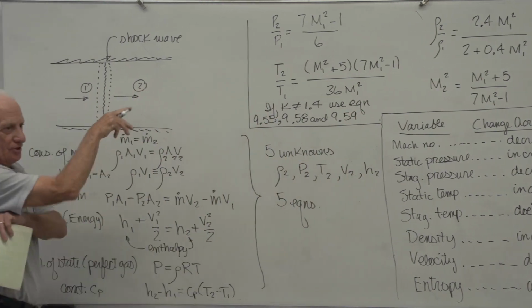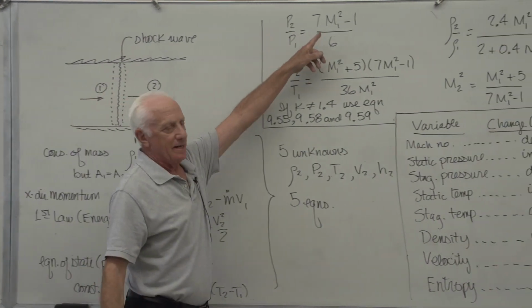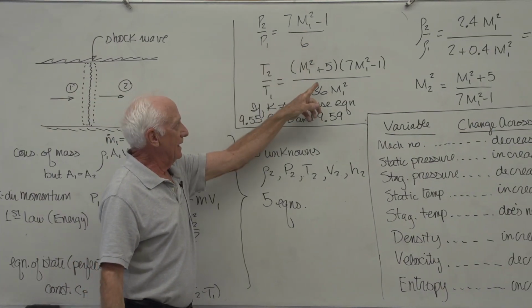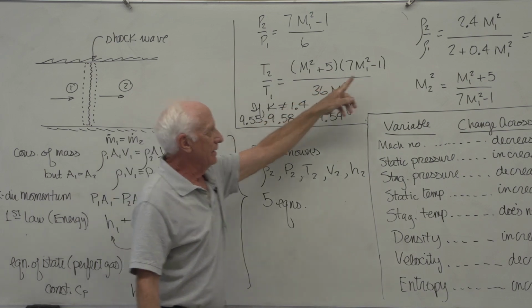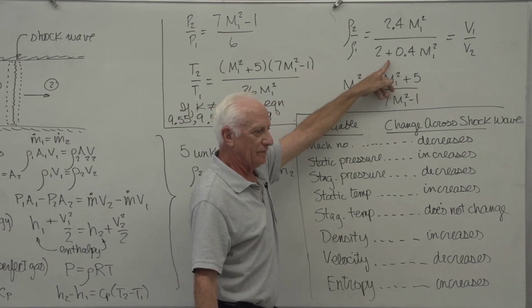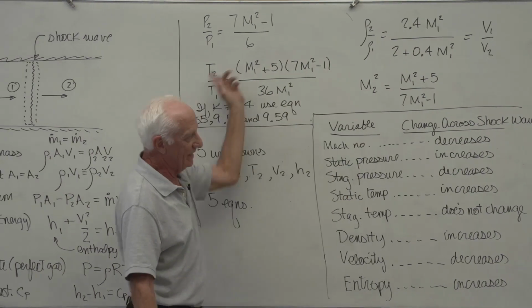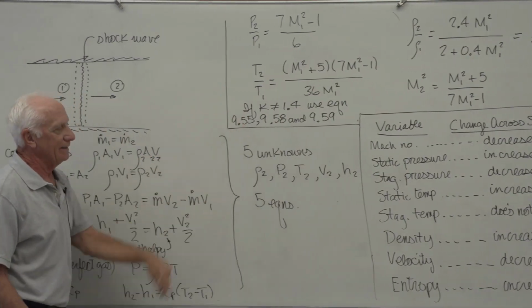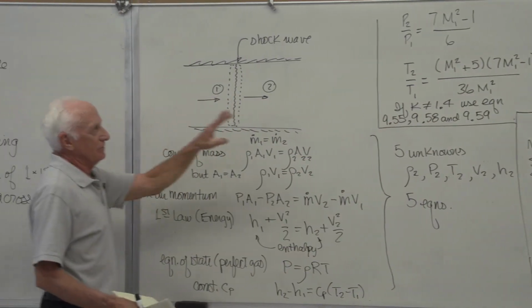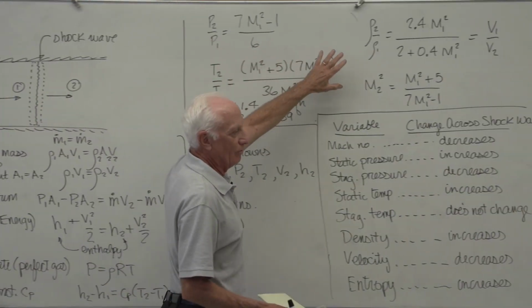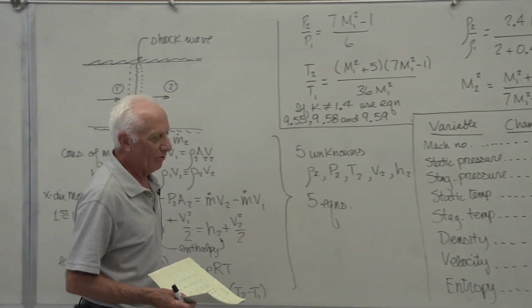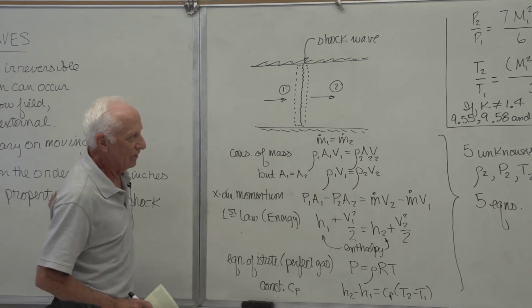Those equations just have K and the Mach number 1 in the equation. The only difference is you'll see a K in all the equations, so put the right K in. Only use these guys here if K is 1.4, and I showed you before all the gases that have a K of 1.4. There's a lot of them.